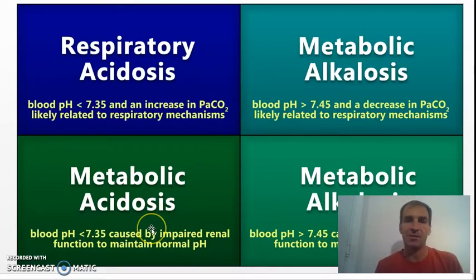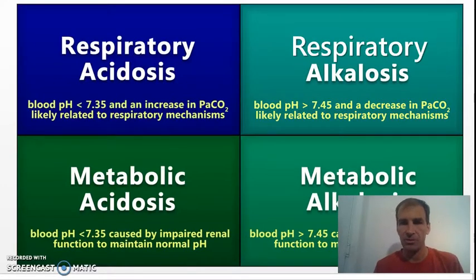It's because there's something else metabolic, maybe related to the kidneys, that's causing that. We're going to get into each of these a little bit more in depth. I just want to kind of set the framework here. We also have metabolic alkalosis and metabolic, actually that should say respiratory there, my apologies. Respiratory alkalosis, so just imagine respiratory. In fact, we'll just type that in there. I'll type that in later. So that's respiratory, and here we have metabolic.